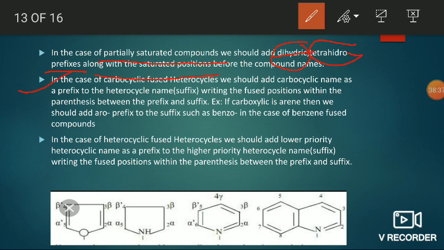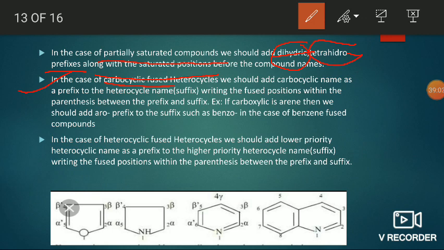Next, in the case of carbocyclic fused rings, that is, in the case of fused or condensed heterocyclic compounds, condensed heterocyclic compounds are of two types. They may be carbocyclic fused heterocyclic compounds or they may be heterocyclic fused compounds. That is, in the case of carbocyclic compounds, one ring must be a benzene ring.